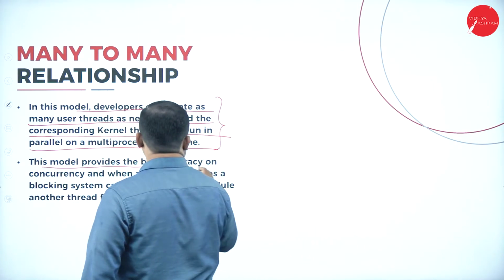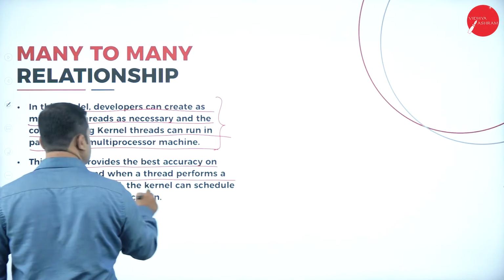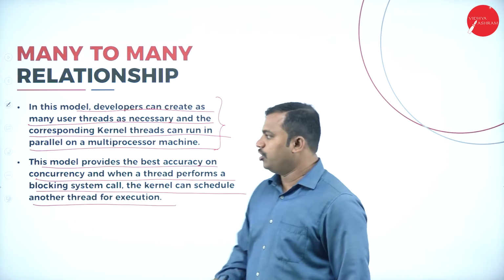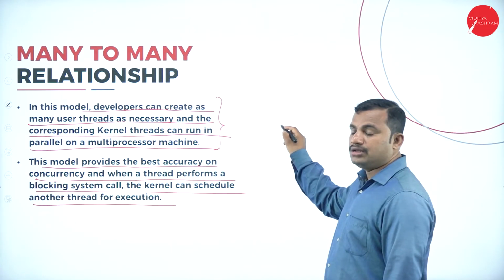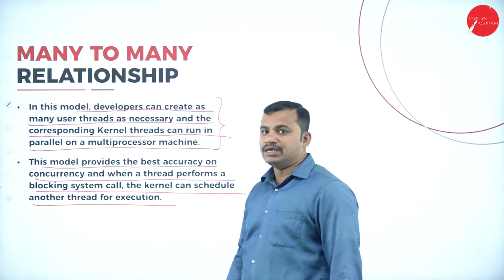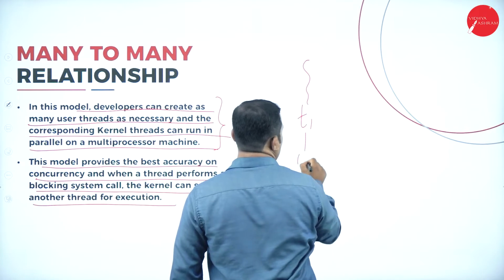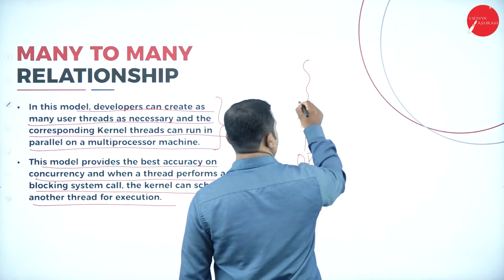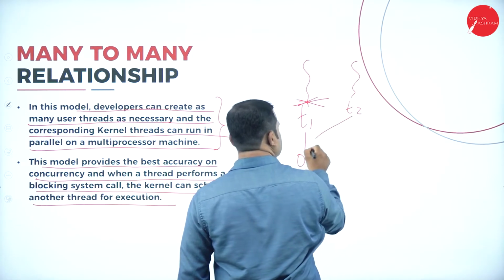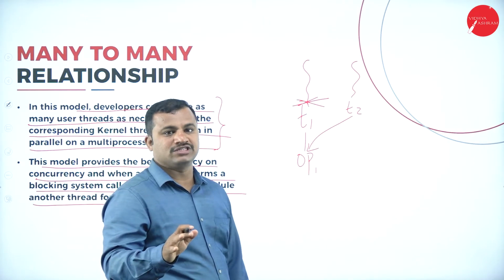This model provides the best concurrency, and when a thread performs a blocking system call, the kernel can schedule another thread for execution. When one of the threads is blocked, the kernel can consider another thread to perform the same action. That is, when thread T1 is performing a certain operation called OP1, if it is blocked, thread T2 can continue the execution of operation 1, so that there is no halting of the system.